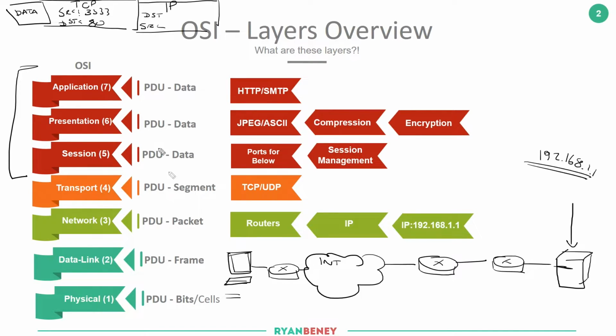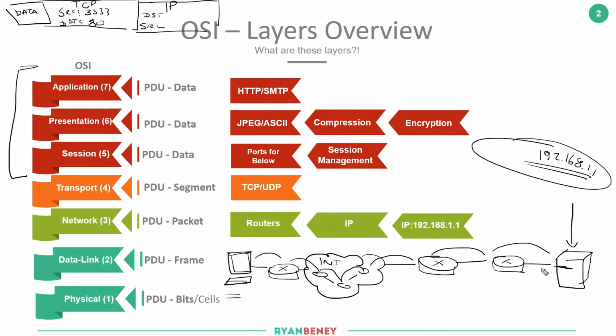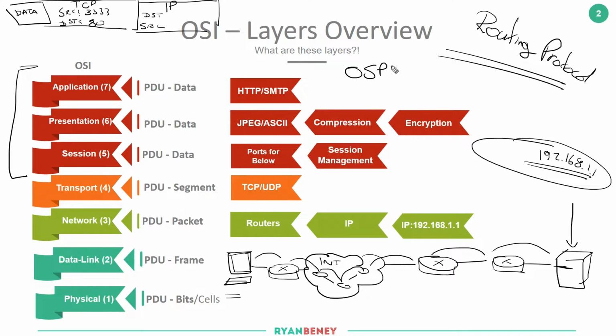And essentially, this will allow each router, even if there are multiple routers in the internet that connect together, to have a look at this information and know how to get to the particular destination. The reason it would know how to get to the particular destination is because each of these routers will communicate together using a routing protocol, some of which are called OSPF, RIP, BGP, EIGRP, and many others.